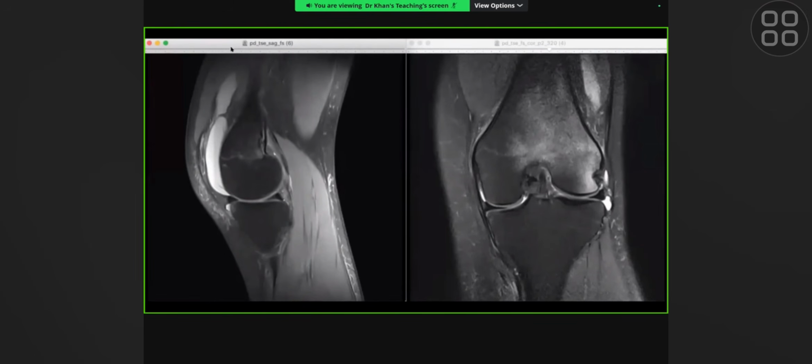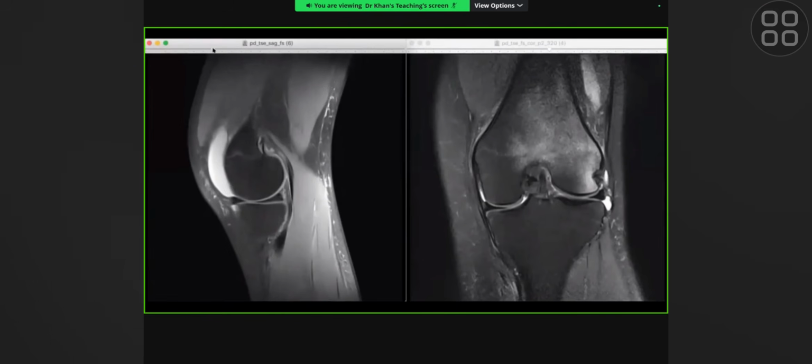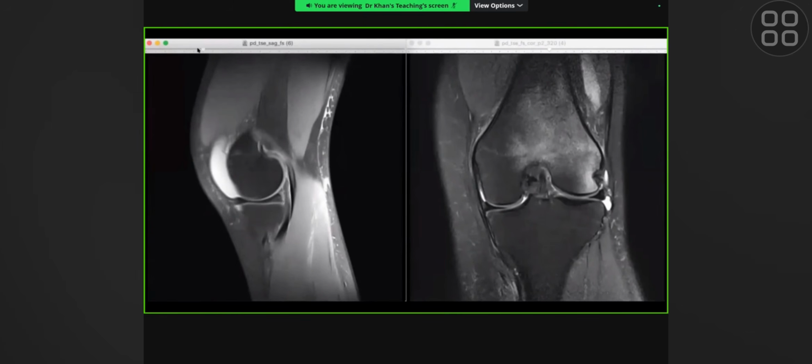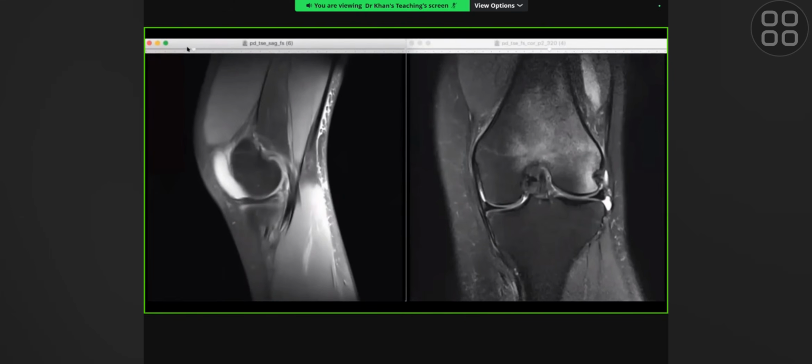And looking at the medial meniscus, that looks intact, although there is some high signal within the posterior horn, but again, it doesn't seem to be in contact with the articular surfaces, so I don't think it's a tear. I think it just might be some mucoid degeneration.